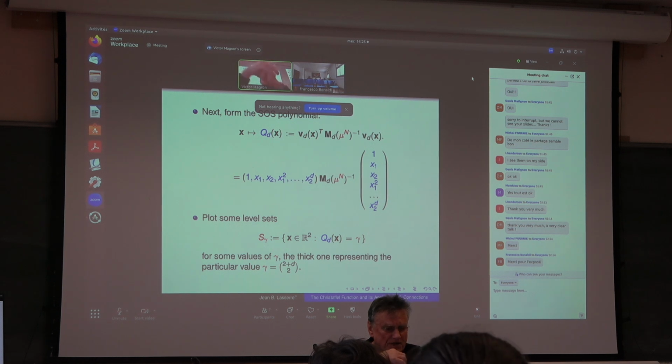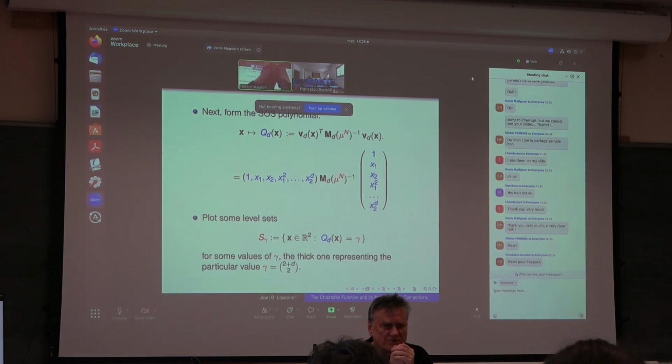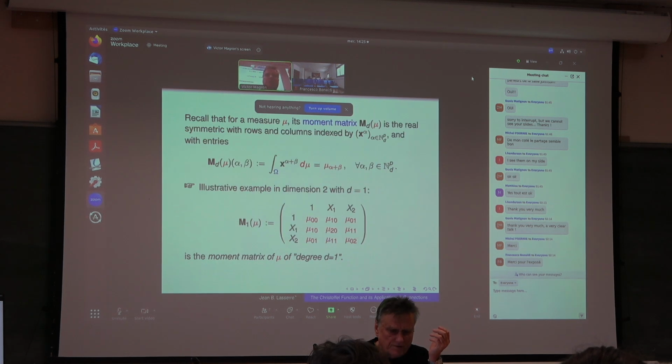And this of course is a polynomial, which is a sum of squares. So it's a polynomial in two variables, which is a sum of squares of degree 2d. And now you plot the level set, the points in the plane such that QD of x equals gamma. And this is the red curve we have seen before.